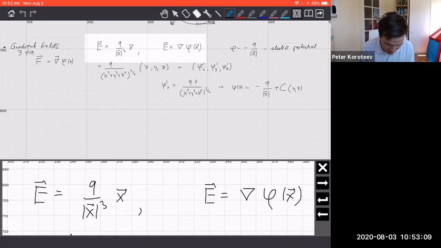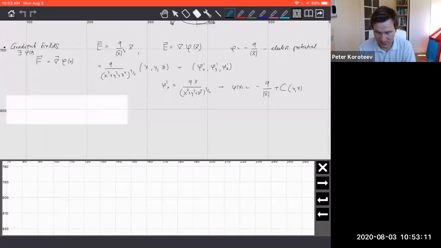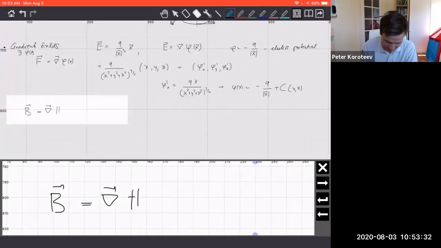Okay. So electric field and gravitational field have a potential, but does the magnetic field have a potential? Can you do the same, can you write that magnetic field B, say in the previous example, is equal to the gradient of something?